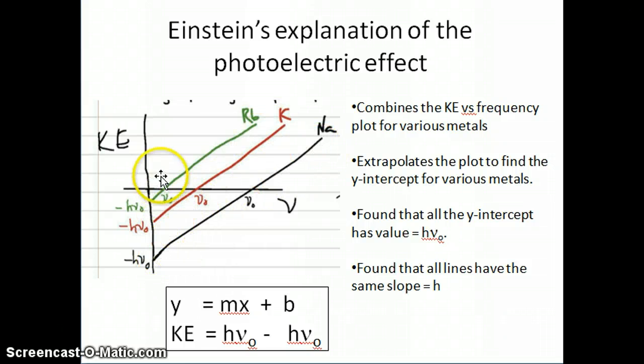And what he found was that when he extrapolated this to touch the y-axis, the value of that y-intercept is equal to nu naught, and it's negative because this is the negative part of the y-axis. It's negative of nu naught times a value, 6.626 times 10 to the minus 34.